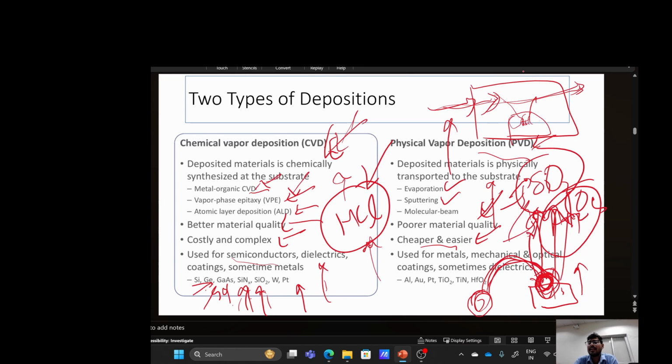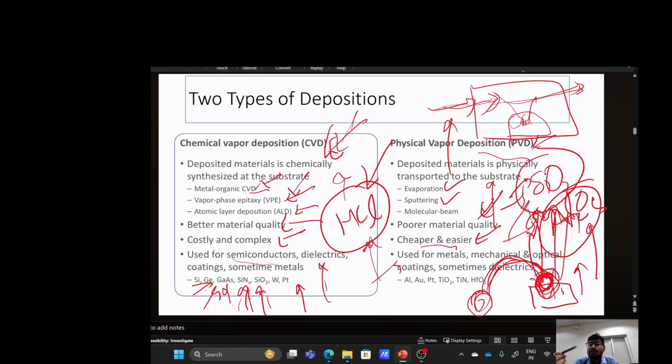These kinds of things are done at very low pressures, 10 raised to the power minus 5, 10 raised to the power minus 6 millibar. So this happens, and these can be used.